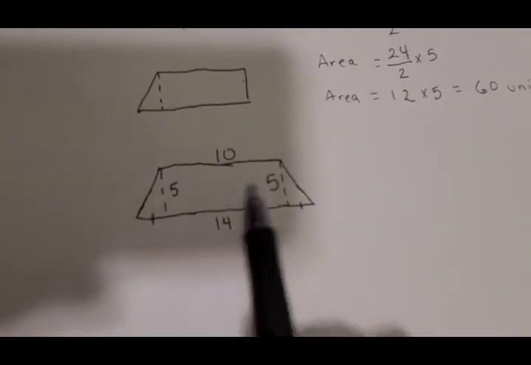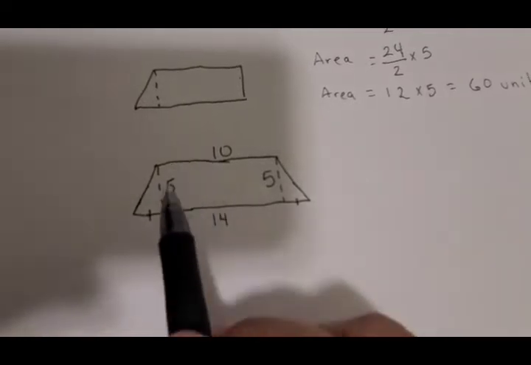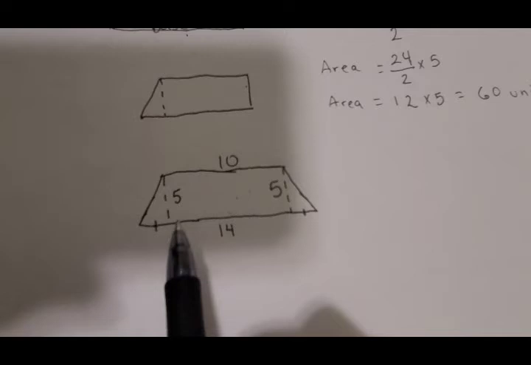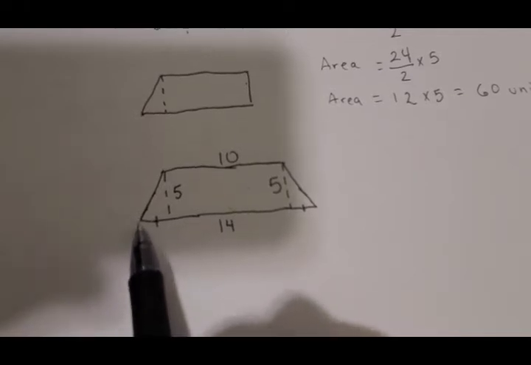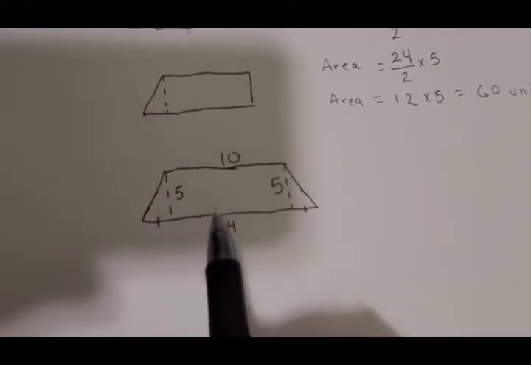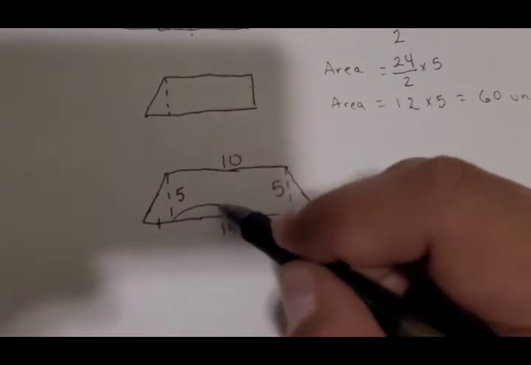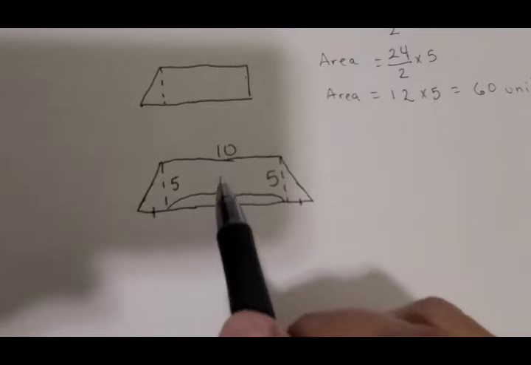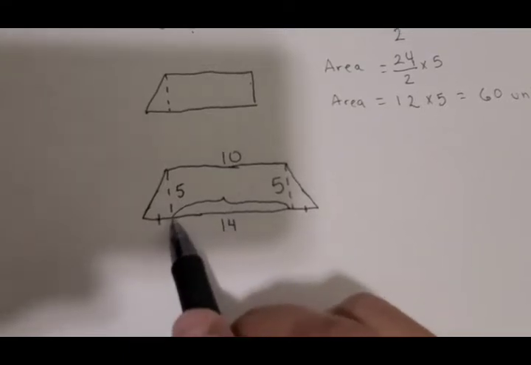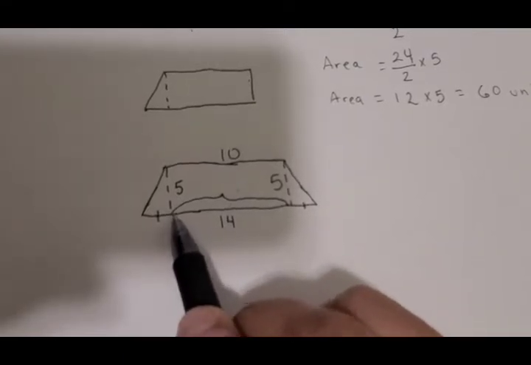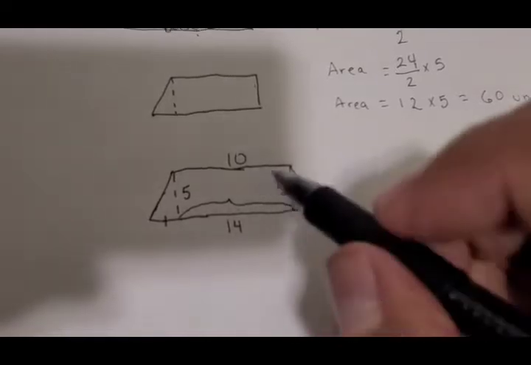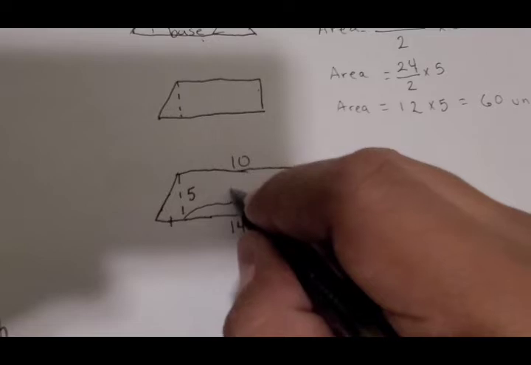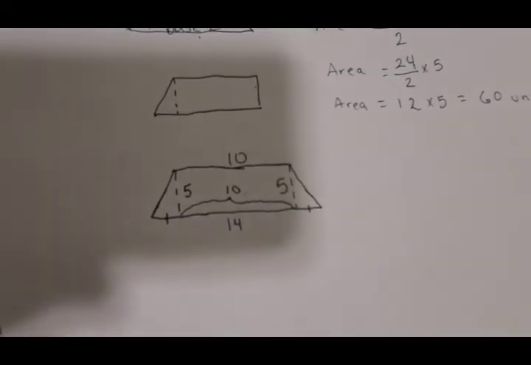Now, since these two are the same, because they have the same height, and they're represented as the missing side from this part and the missing side from this part, first of all, we need to find out how long is from this point to this point. We know that from this point to this point is 10, so this length right here will also be 10.